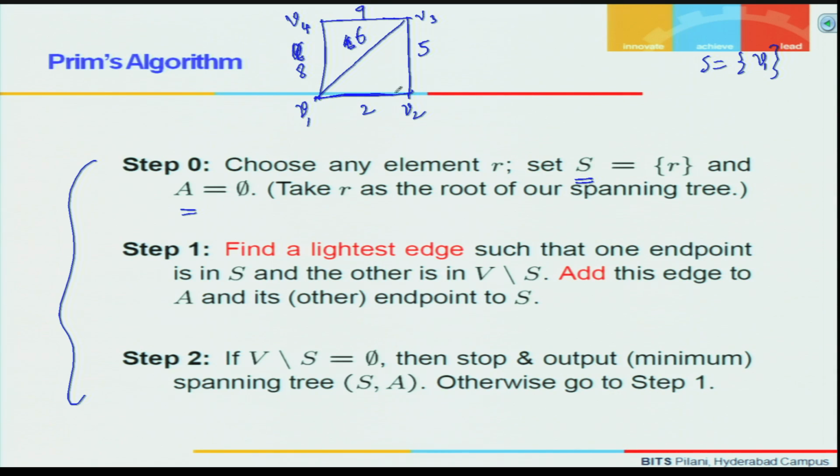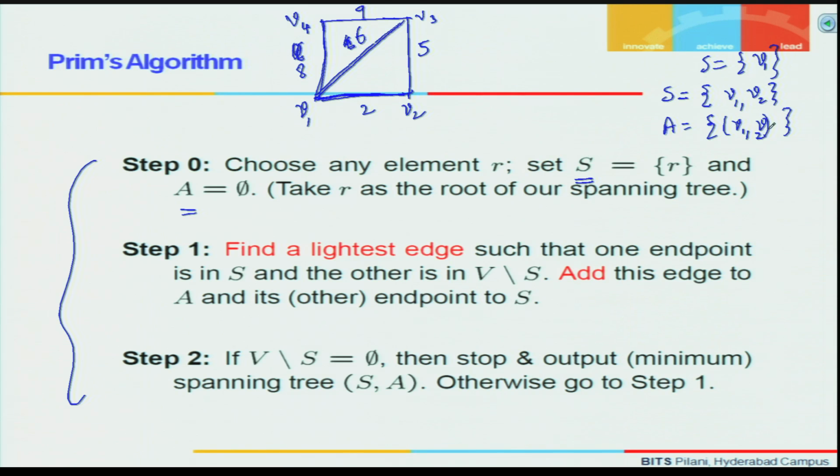There are 3 edges going from V1, isn't it? Then find out which edge has the minimum weight. V1 comma V2 has the minimum weight, that is 2. So now you increase this set S by V2 and put this edge V1 V2 into A.